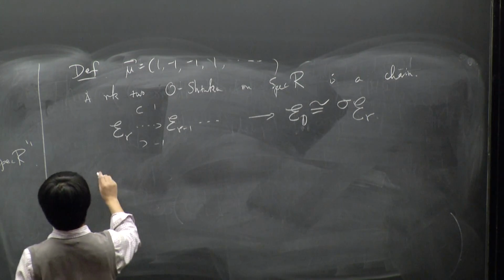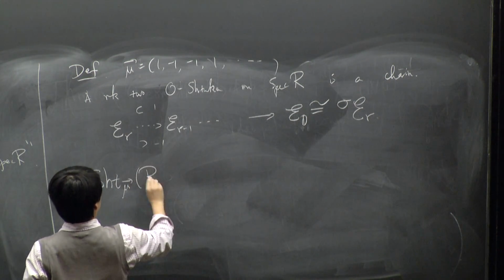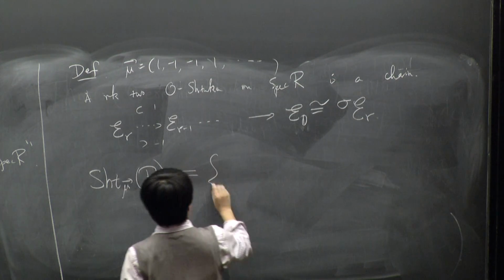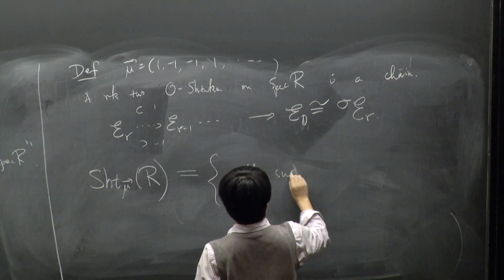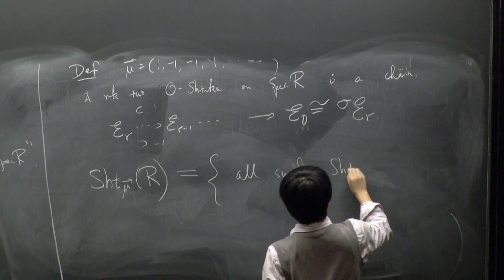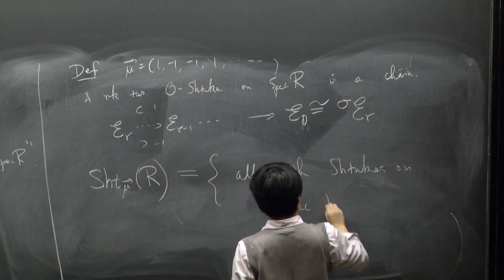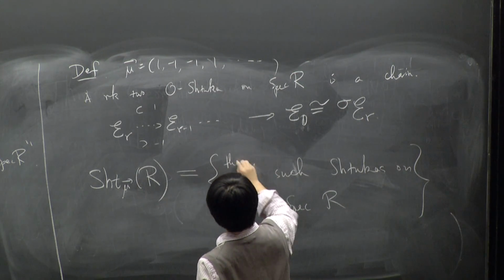Let me write Shtuka mu(R). Define the moduli space as all such Shtukas over Spec R. All means the category of such Shtukas.